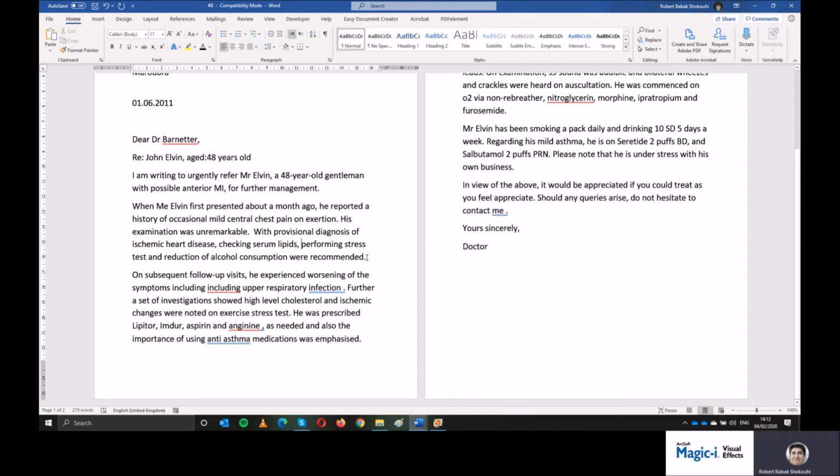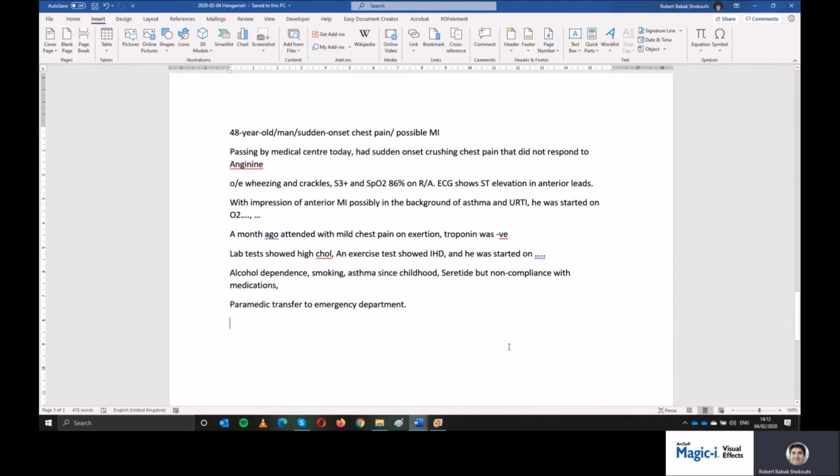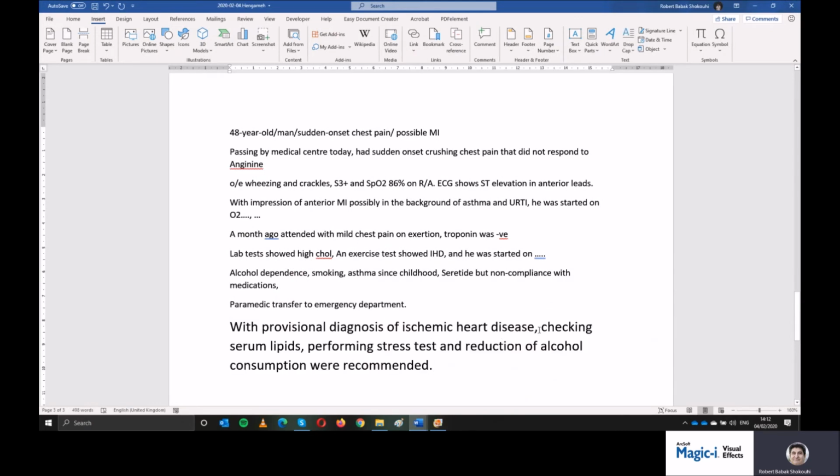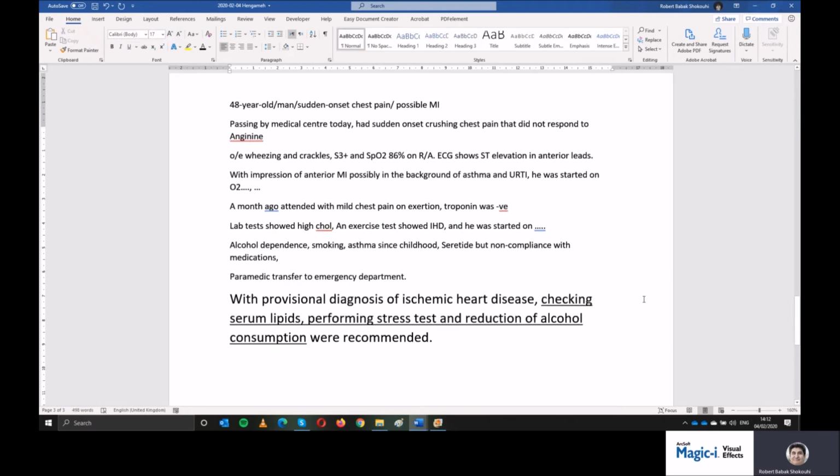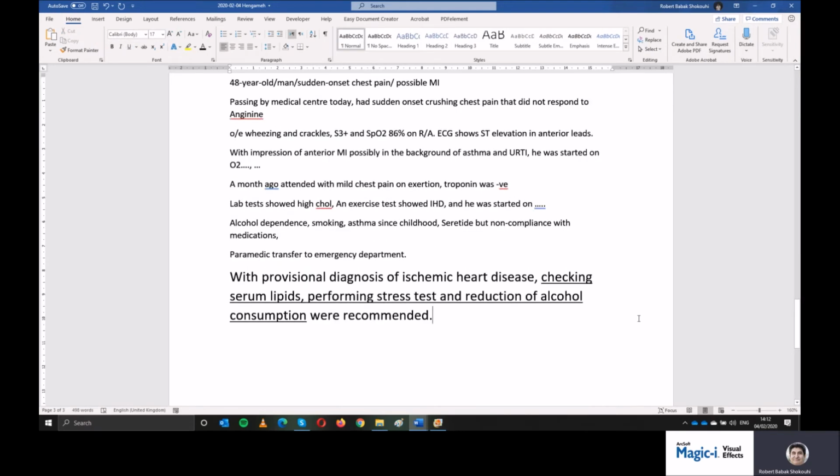Right. Now about this sentence, sometimes we have long checking serum lipids, performing a stress test, and reduction of alcohol consumption. You see, this is the subject. When the subject is too big, we don't use this structure because the reader needs to read until the end to understand what you mean.